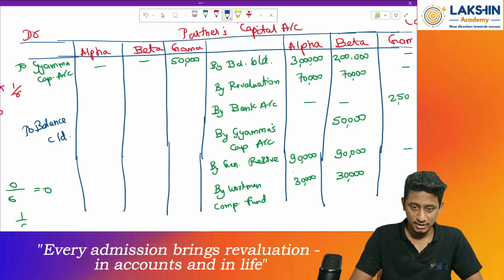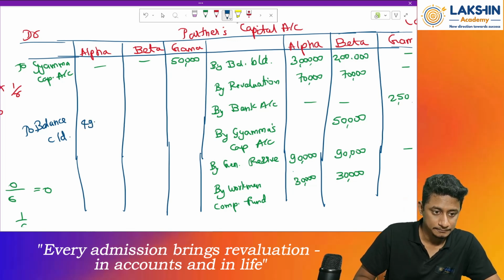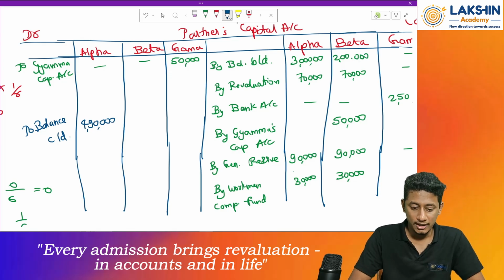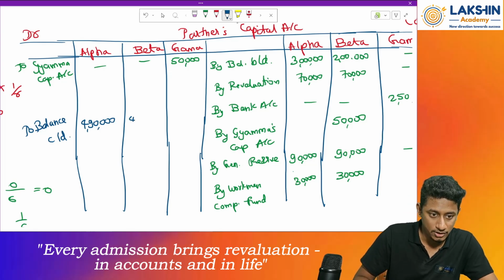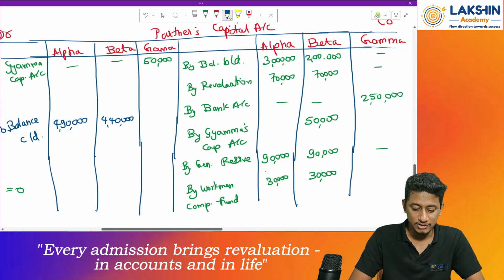So rupees 3 lakh plus 70,000 plus 90,000 plus 30,000 is equals to rupees 4 lakh 90. 2 lakh plus 70,000 plus 50,000 plus 90,000 plus 30,000 is equals to rupees 4 lakh 40. Then the last partner, Gamma, 2 lakh 50,000 rupees minus 50,000 rupees.